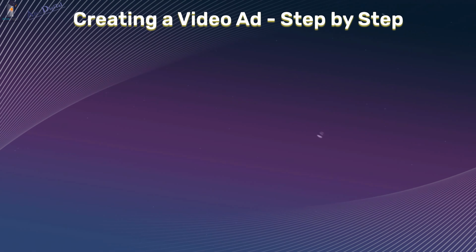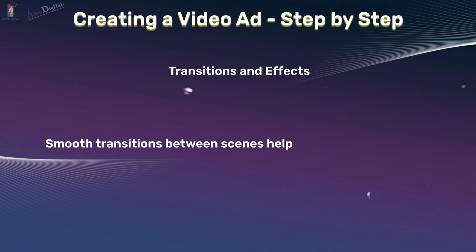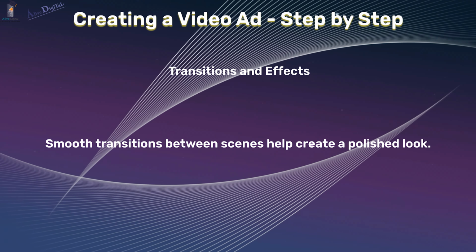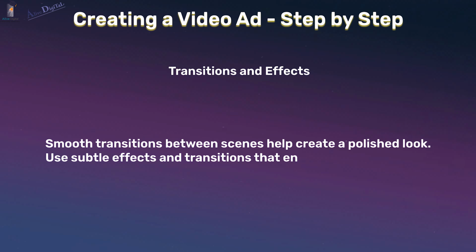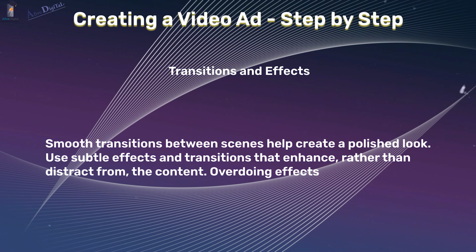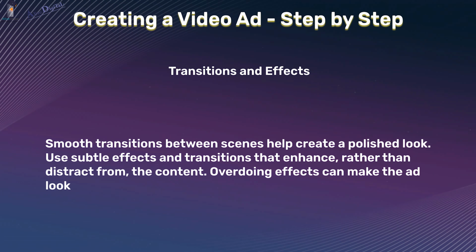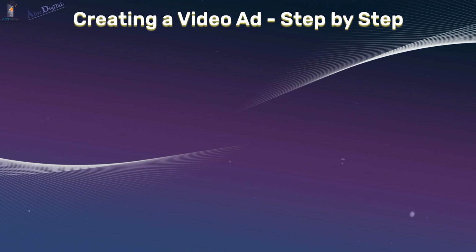Step number 4. Transitions and effects. Smooth transitions between scenes help create a polished look. Use suitable effects and transitions that enhance rather than distract from the content. Overdoing effects can make the ad look cluttered, so keep it clean and professional. Step number 5.